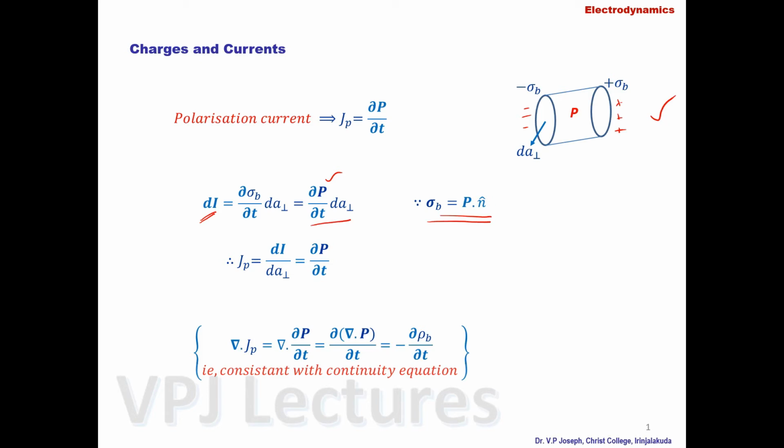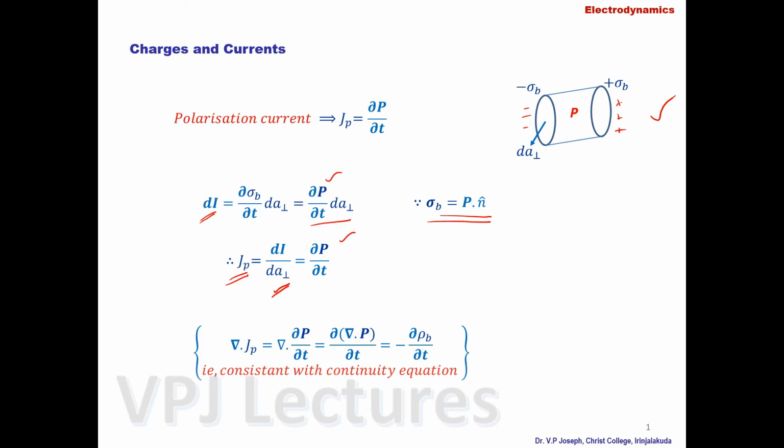Now taking this dA perpendicular to the left side, that is dI by dA perpendicular is equal to dP by dt, and that is Jp, the polarization current. Jp is given by dou P by dou t. And also it is possible to show that this polarization current agrees with the equation of continuity.